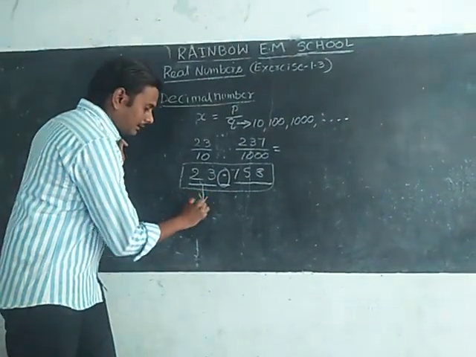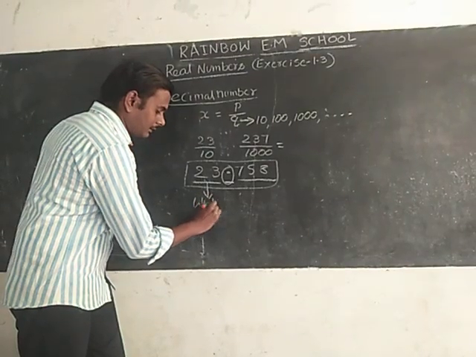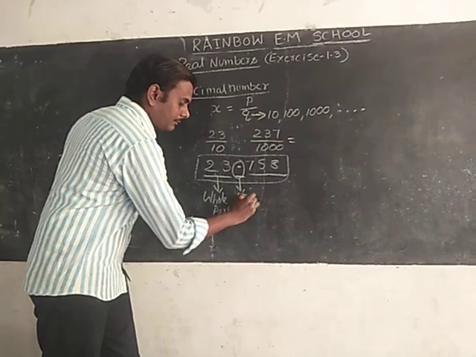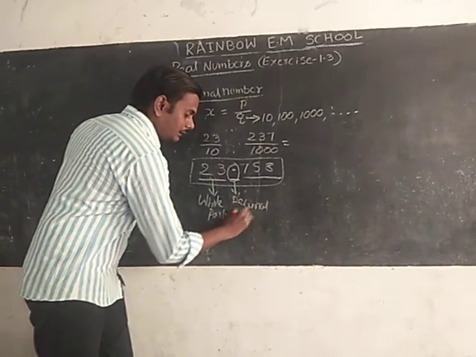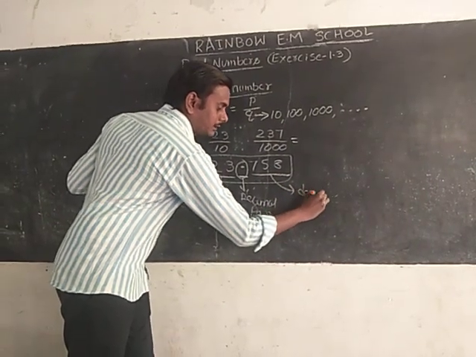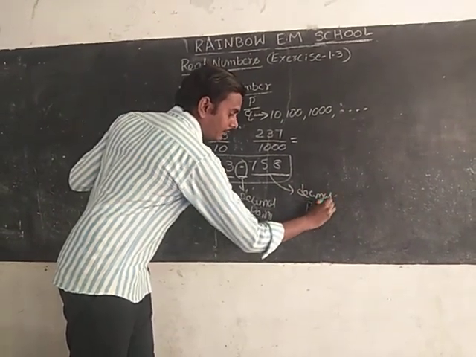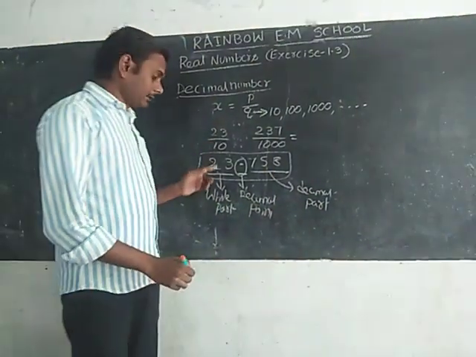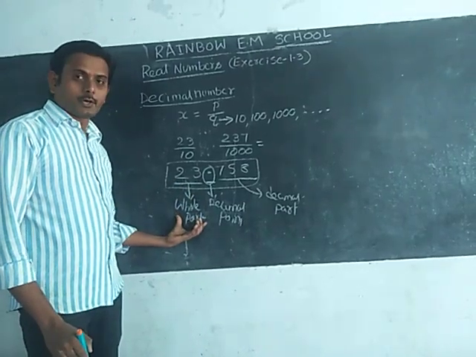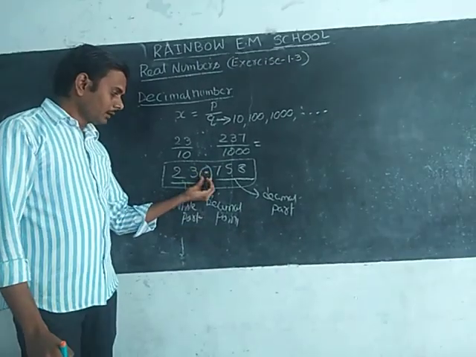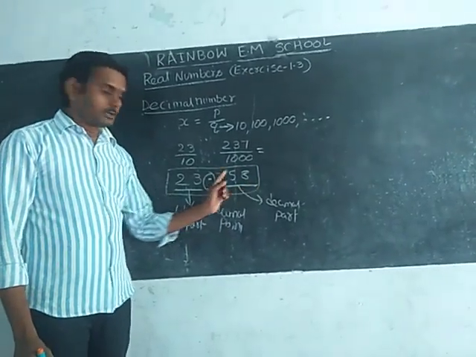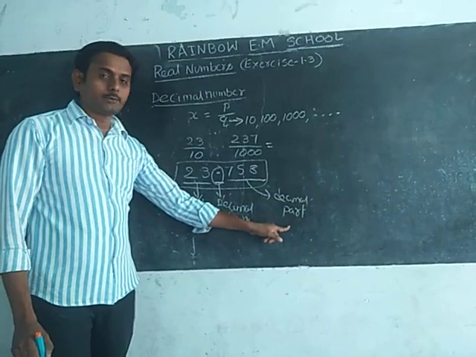This part is called the whole part, this is the decimal point, and this is called the decimal part. Every decimal number has three parts. One is the part before the point, which we can call the whole number part. Here the point is the decimal point. Here 758 we can call the decimal part.